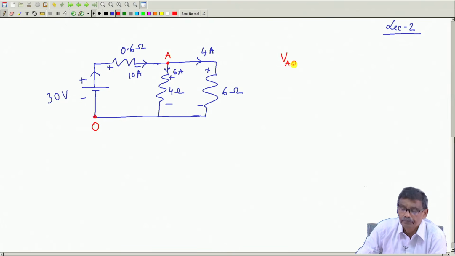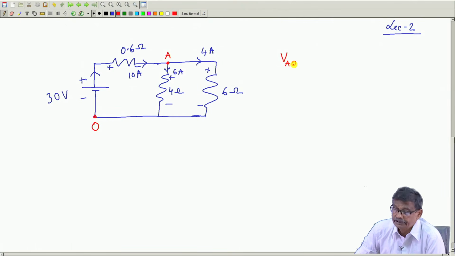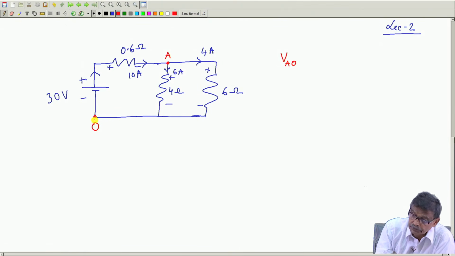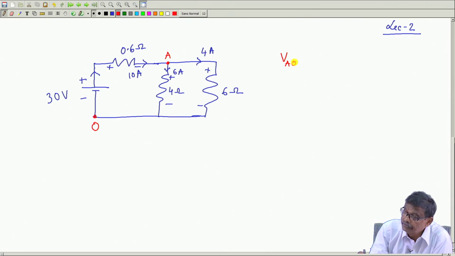What should I do? What you should do is this: you start your journey from the point O and try to reach point A, and when I say I want to reach point A, I have several options.